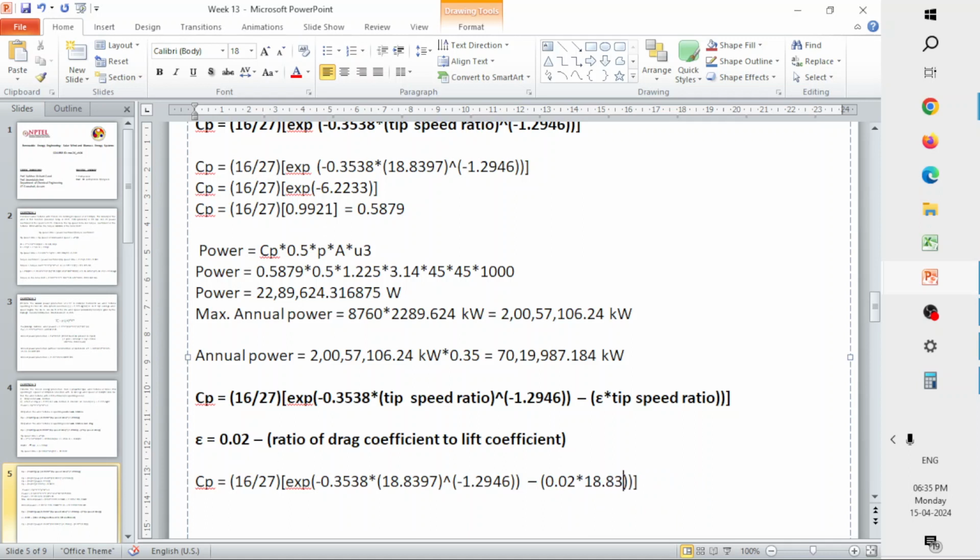If you do this, let me just do it on my scientific calculator.